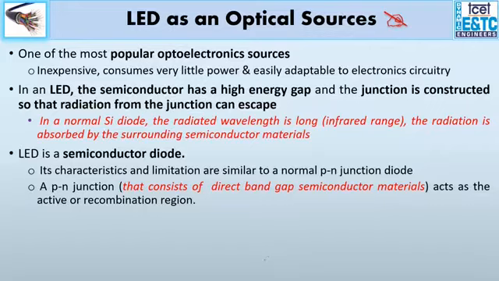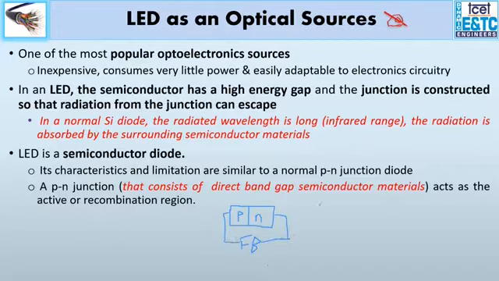This LED, as you all know, is nothing but a simple PN junction which is forward biased by the forward bias current, which is carrying the information which you want to send on an optical carrier.